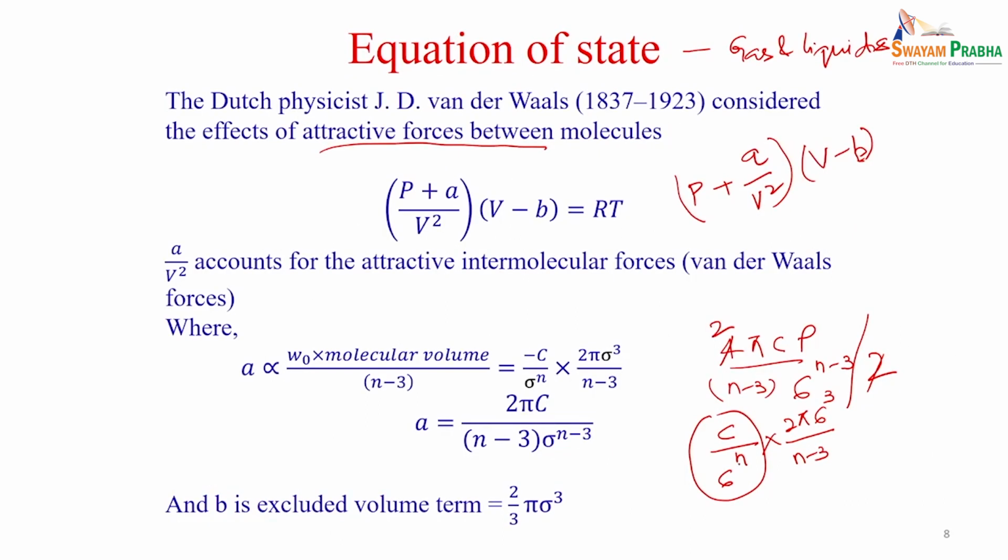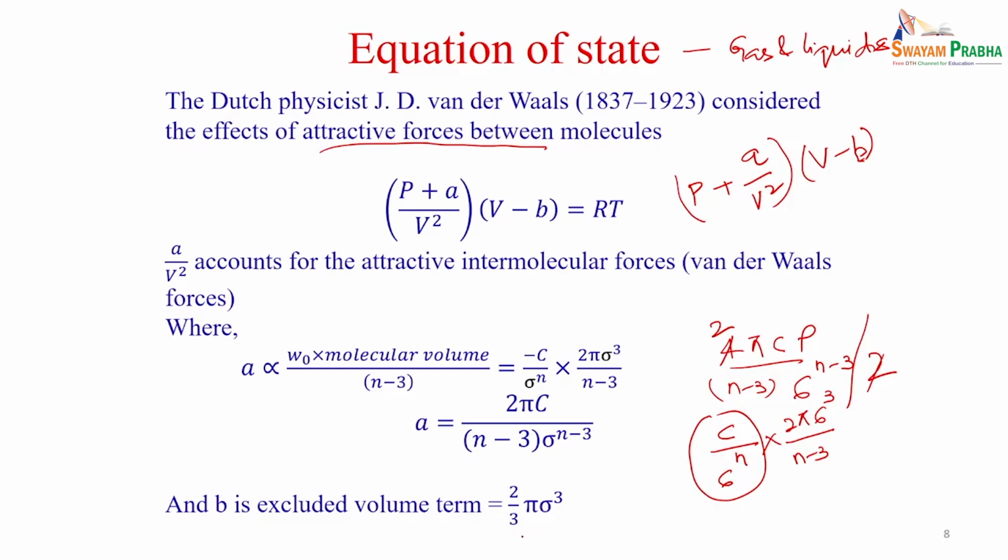This is the potential, or you can say this is W0, and this is the molecular volume. So, A is coming simply from the intermolecular interactions, which is proportional to the intermolecular potential into molecular volume divided by n minus 3, and simply V is the simple volume function.